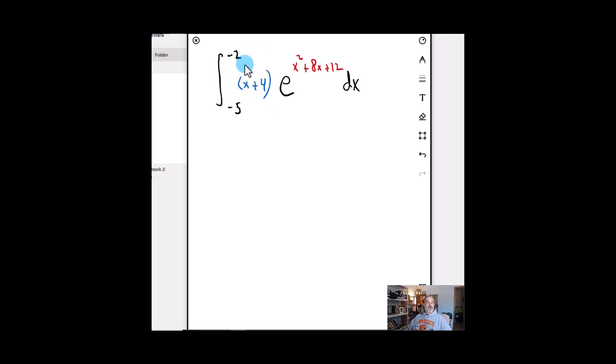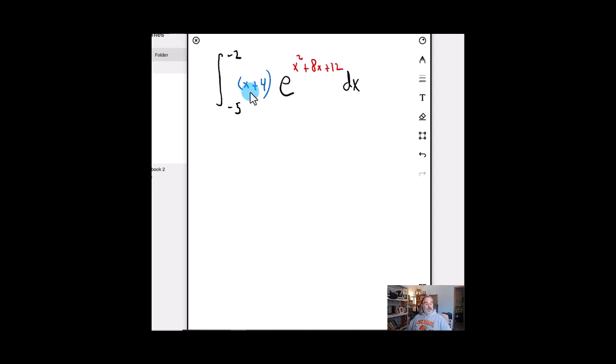In other words, if we took x plus 4 and multiplied it by 2, we would have 2x plus 8. So we do in fact see a function in here as well as something that's off from its derivative by a multiplicative constant, and that's how we latch onto this for our substitution, to take this messier thing and convert it to something a little bit simpler.